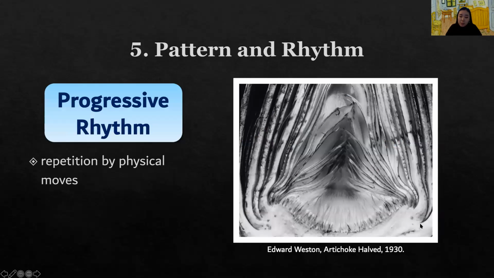And the progressive rhythm. Repetition that regularly increases or decreases in frequency creates a progressive rhythm as the eye moves faster or slower across the surface of the work. So for example, capturing slow motion with a photograph can be progressive rhythm.